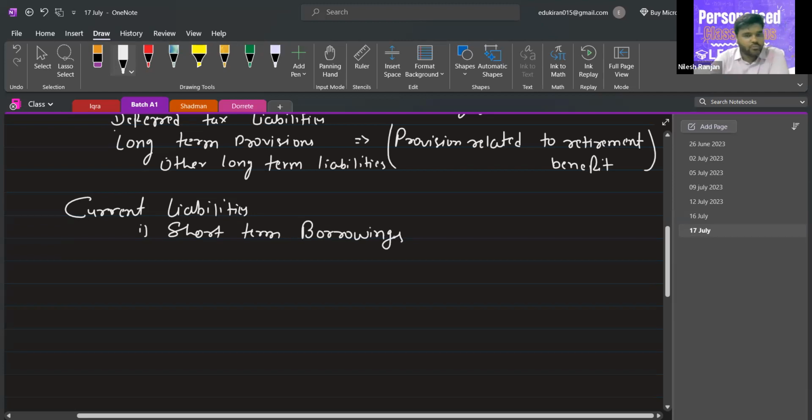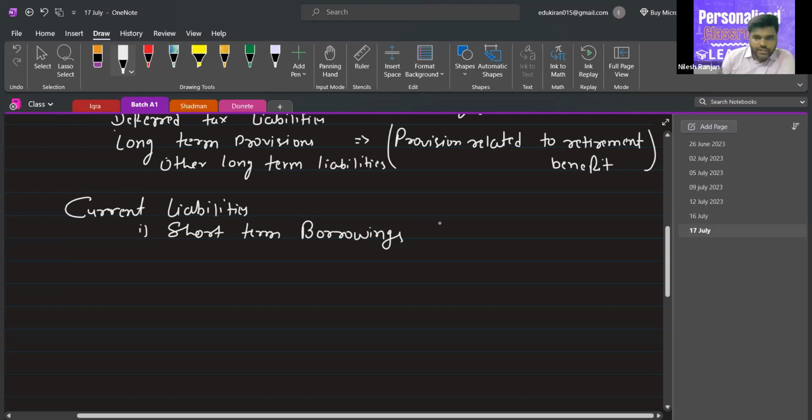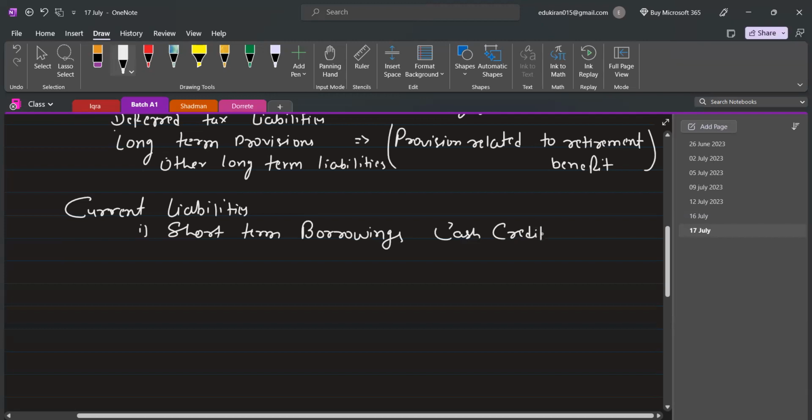Can you tell me one example of short-term borrowing? So call money. Okay, we can include cash credit, bank overdraft here also. Yes, sir. These are the short-term borrowing actually.